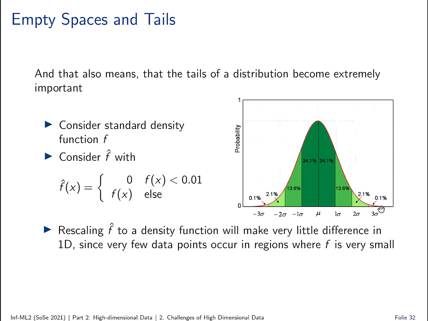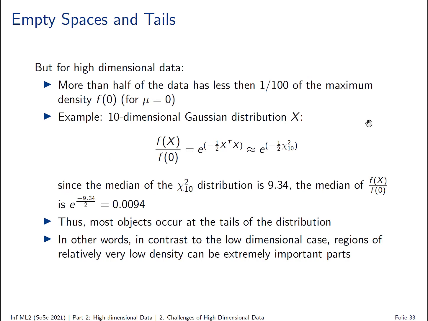So in a one-dimensional case, which is this one here, for example, it would not make a big difference to take either f hat or f, because we just cut out those things that are absolutely unimportant anyway, at least in 1 dimension. But if we do that for high-dimensional data, we see that more than half of the data has less than 1 times 10 to the minus 2, so 1% of the maximum density function, if the expected value is 0.